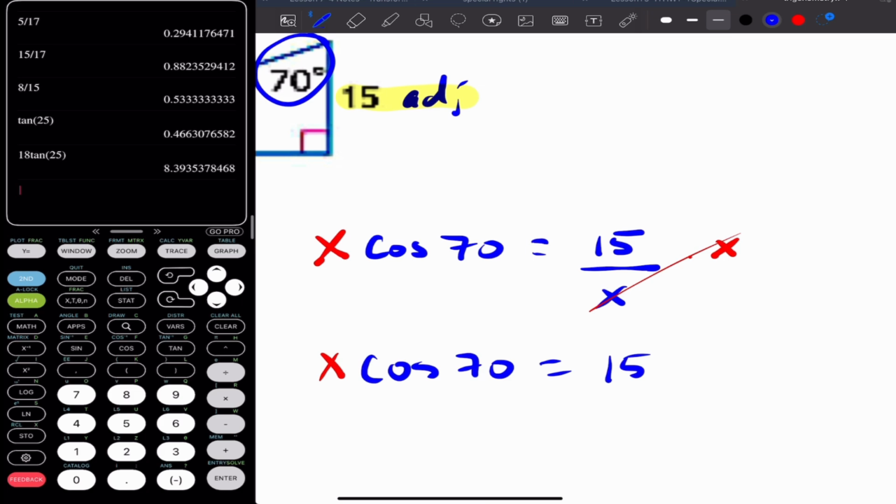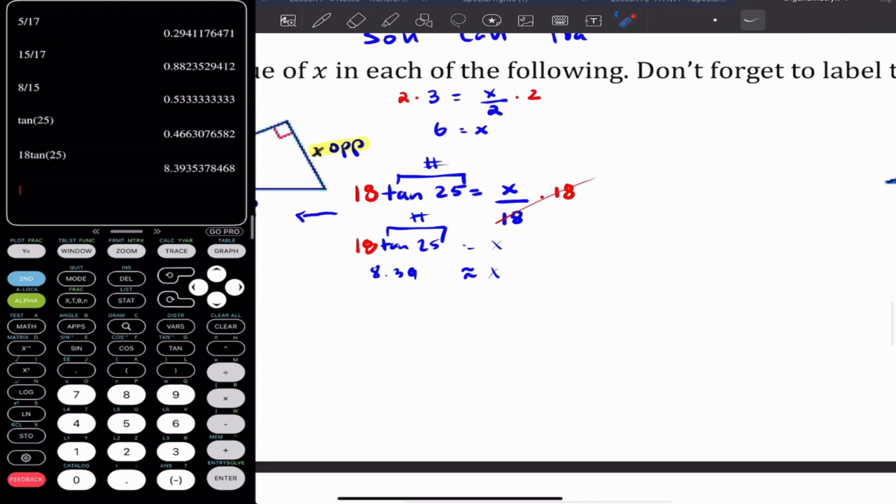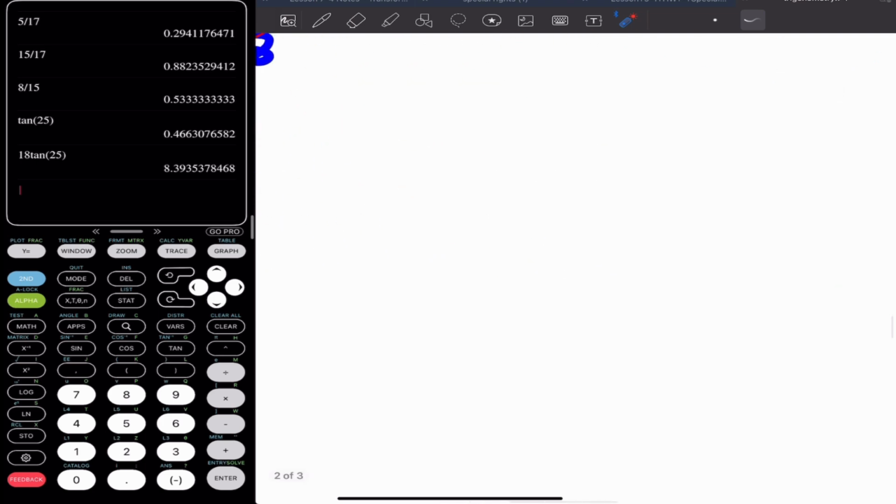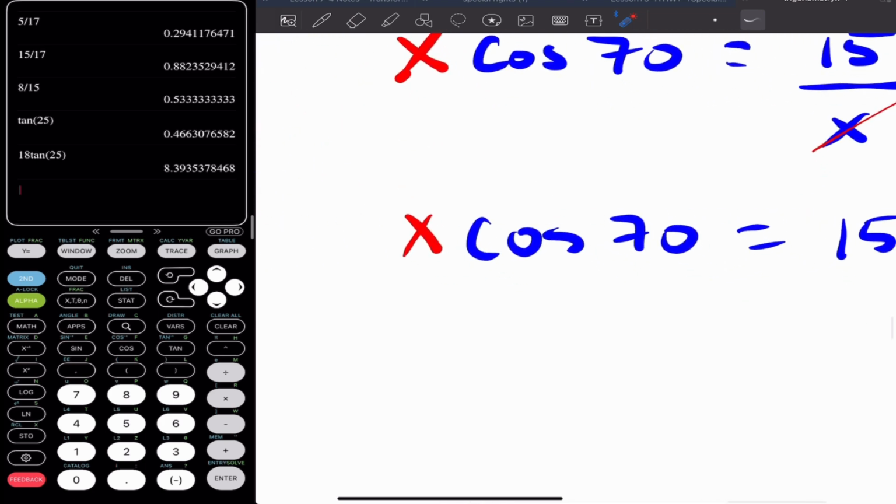Now, remember, if I give you something like 3x is equal to 6, you know for sure you're going to divide both sides by 3, and that's going to be x equals 2, because it's 3 times this variable. Now, just like what I said about the tangent of 25 being a number, cosine of 70 is a number too. So this here is a number multiplied by x.